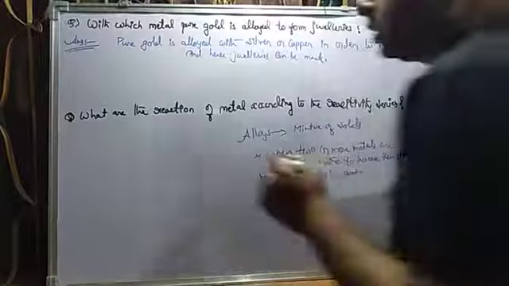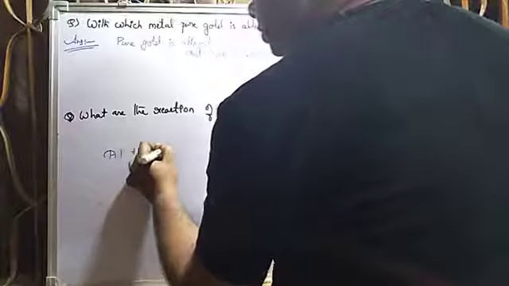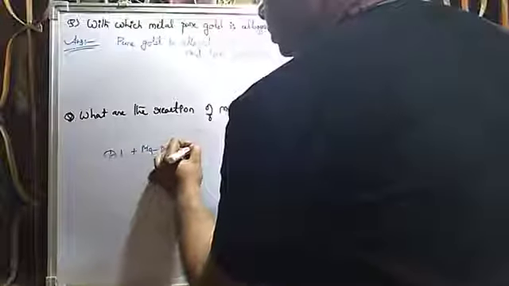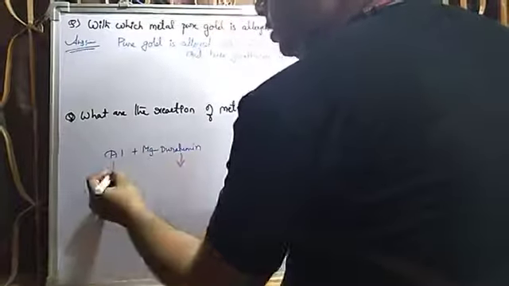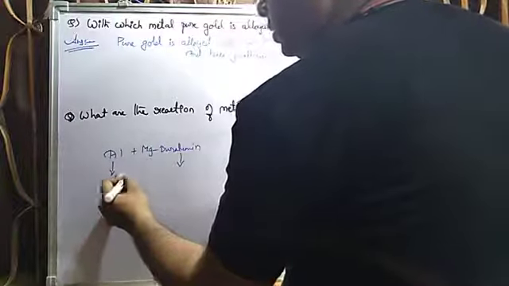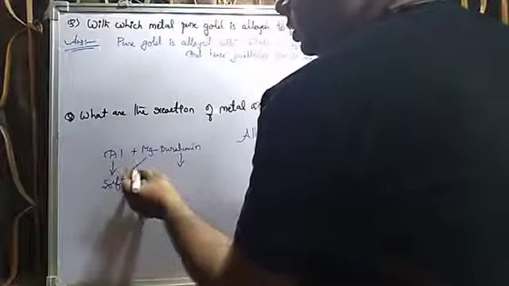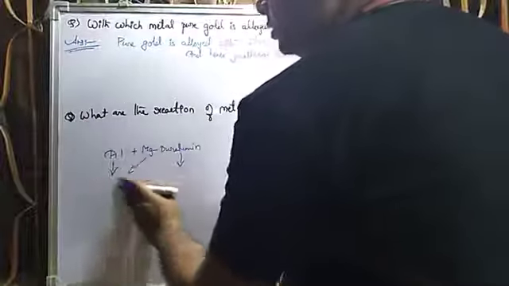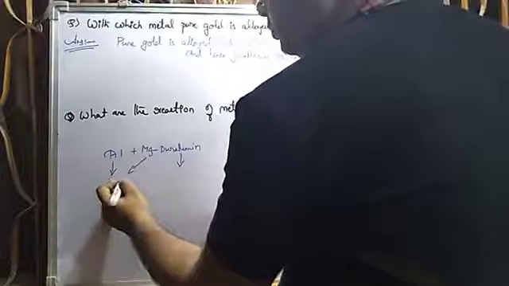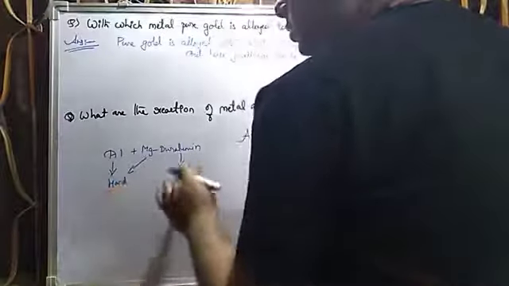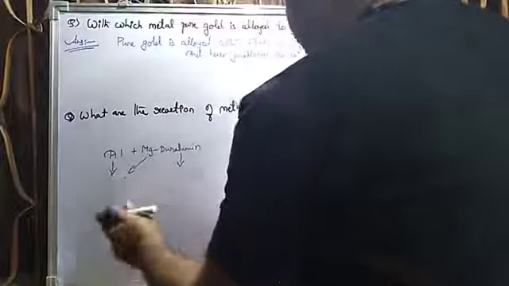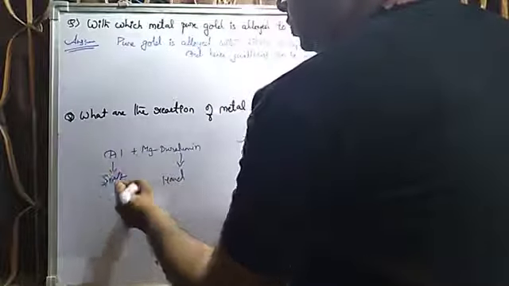Some examples of alloys are aluminium plus magnesium, which gives duralumin. Aluminium is generally very soft, but when combined with magnesium, this softness is removed and it becomes hard. Duralumin is harder than aluminium.